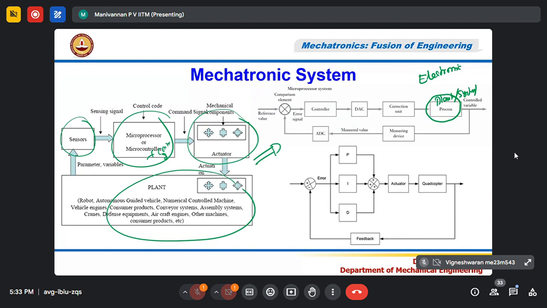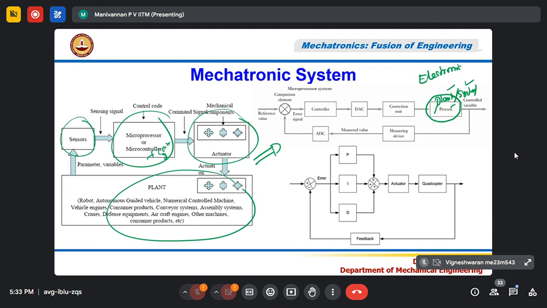The cracking column of a petrochemical industry is a mechanical plant in which there are a lot of sensors, a lot of actuators. A pump will pump the crude at a particular pressure. So that's why if you go and ask chemical people, they don't talk of a system. They call it a plant or process. Mechanical people call it a system. Aerospace engineers call it a system. A plane is a system.